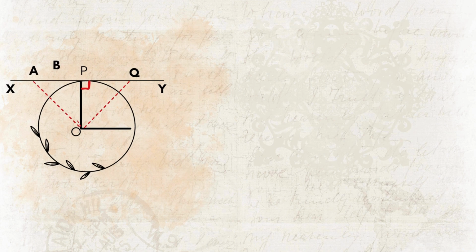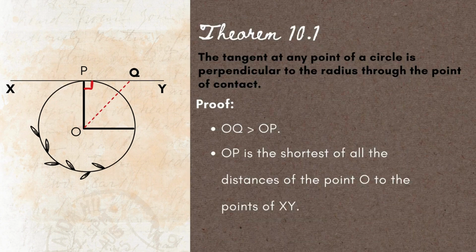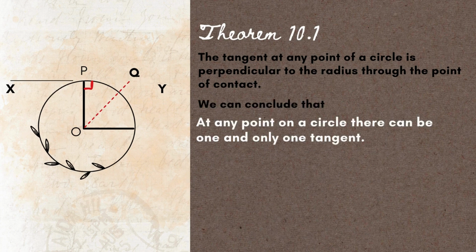Since this happens for every point on the line XY except the point P, OP is the shortest of all the distances of the point O to the points of XY. So, OP is perpendicular to XY because perpendicular is the shortest distance. From this theorem, we can also conclude that at any point on the circle, there can be one and only one tangent.